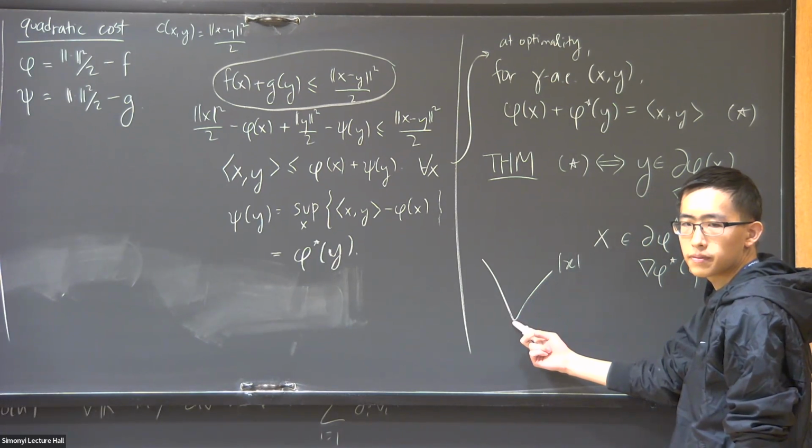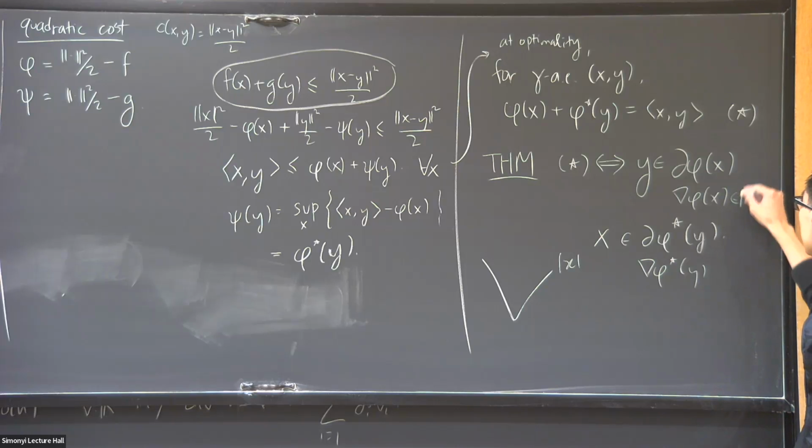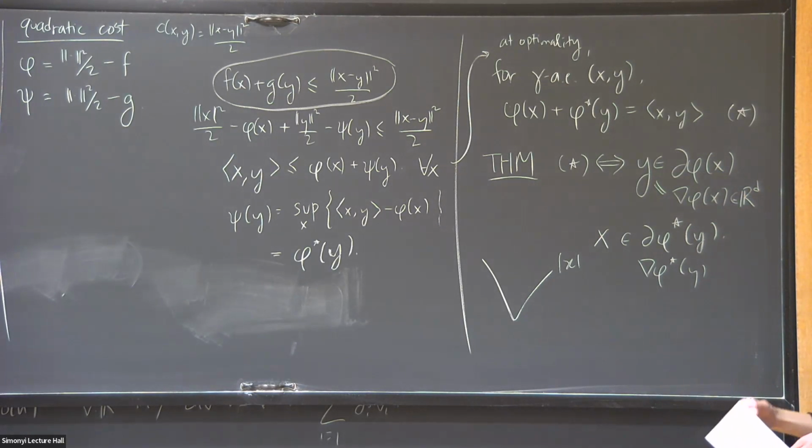But if it's differentiable, then the subdifferential just consists of one point, which is the gradient. So in the differentiable case, y is the gradient of phi of x, and x is the gradient of phi dual of y.